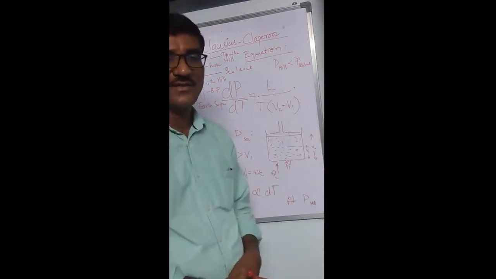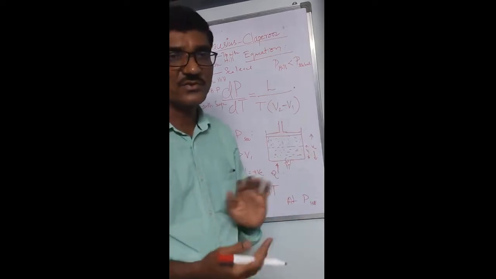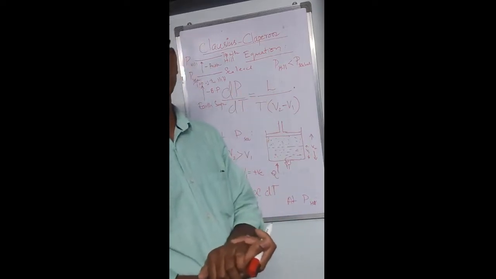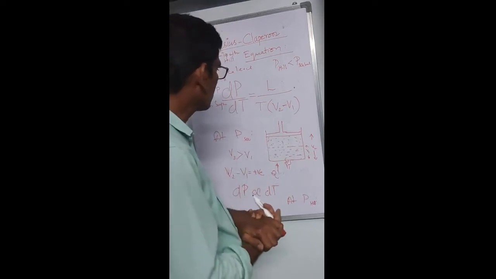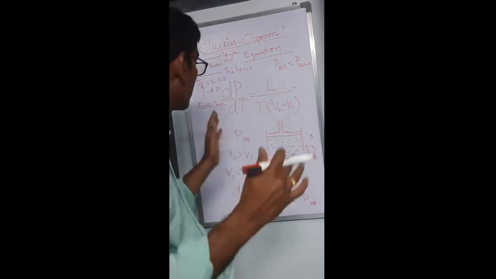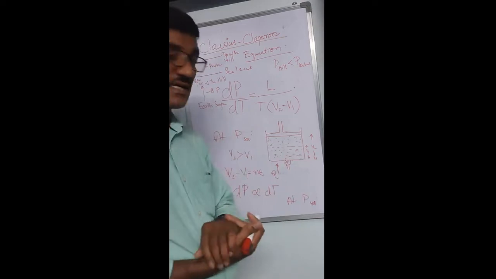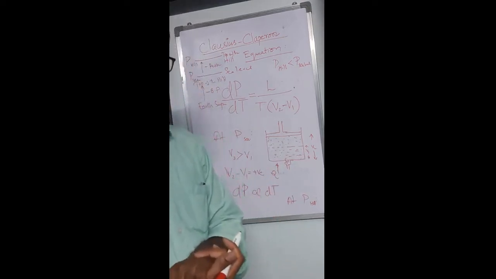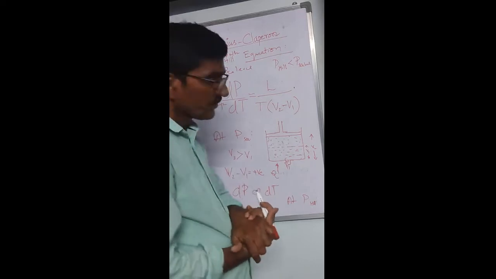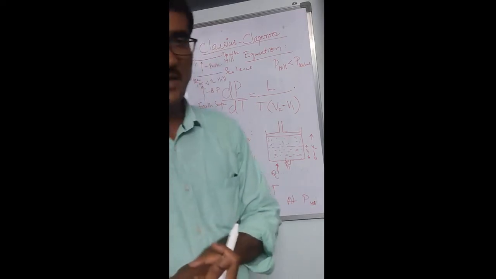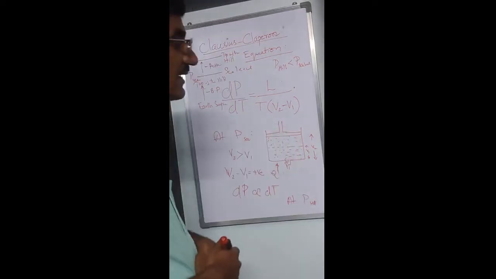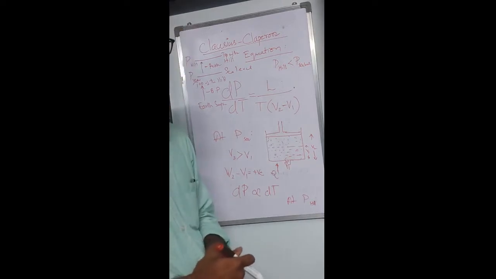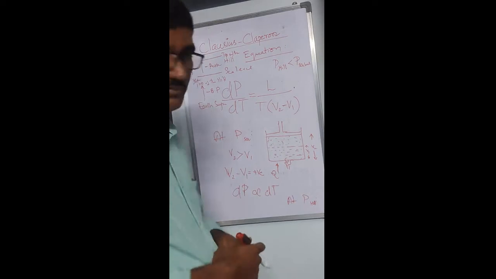That's why cooking anything on the hills is different compared to cooking at the sea level or at the ground surface. So, this can be explained by using this Clausius-Clapeyron equation. We may also explain another important phenomenon called regelation. I think all of you know this. This can be explained by using the same Clapeyron equation.